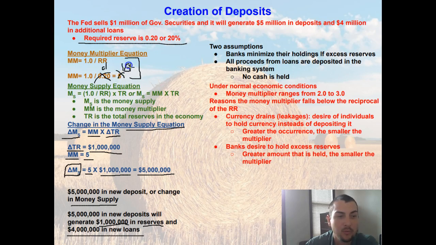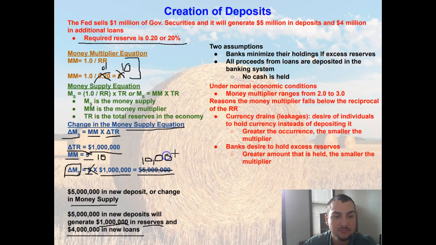So what if the Federal Reserve changed the required reserve ratio to 0.1? Now we have a money multiplier of 10. We plug in that money multiplier of 10 down here, and then also right here, we would wind up coming up with a $10 million change.